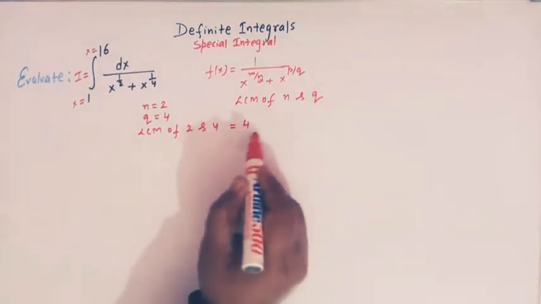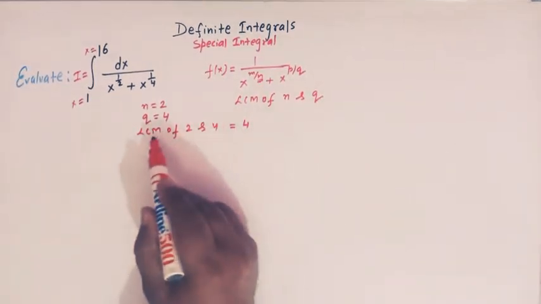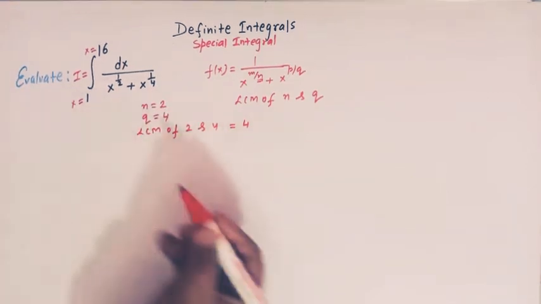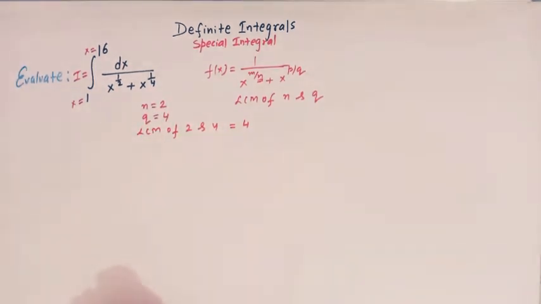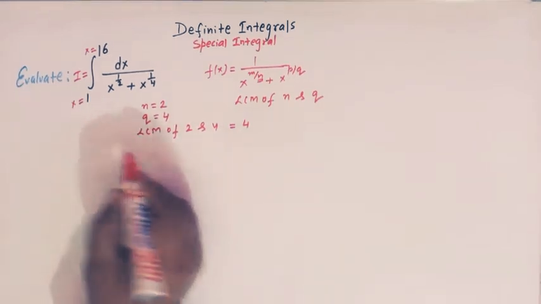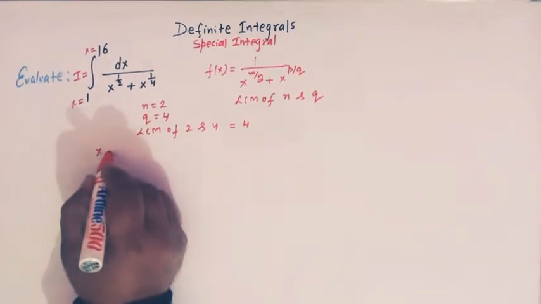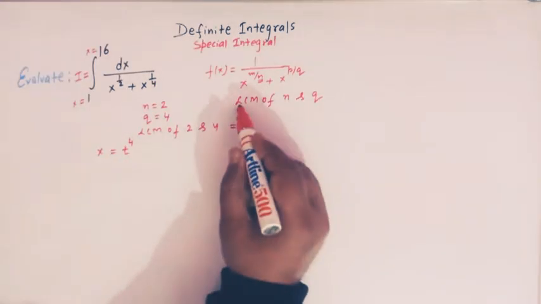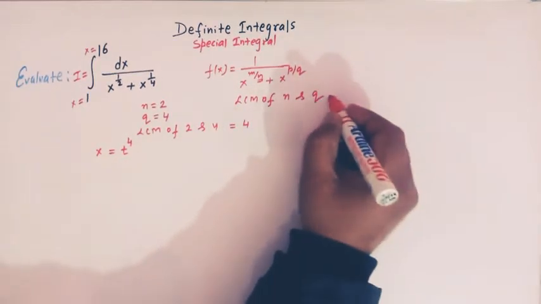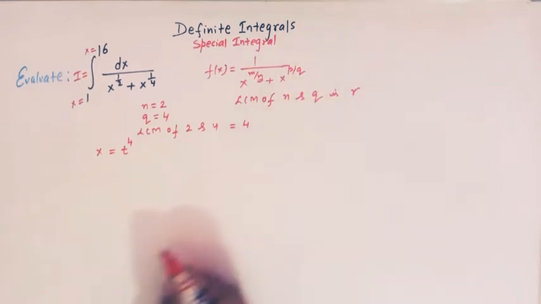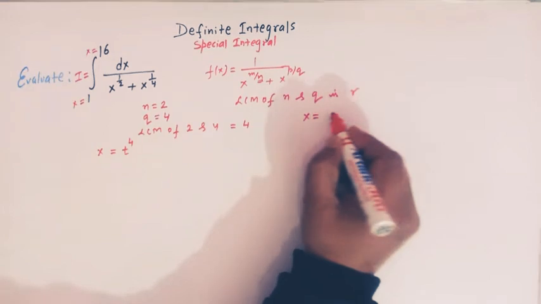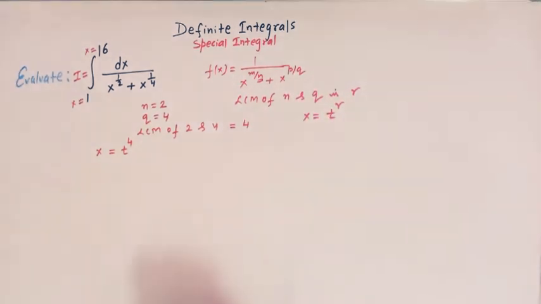Once we have found the LCM of 2 and 4, we'll make use of the substitution method. We'll substitute x is equal to t raised to 4. Suppose the LCM of n and q is r, then we put x is equal to t raised to r.